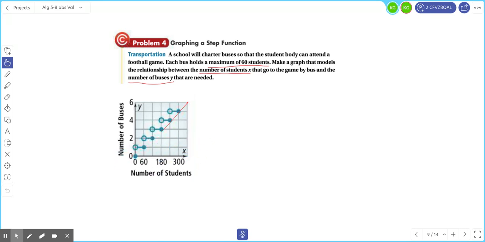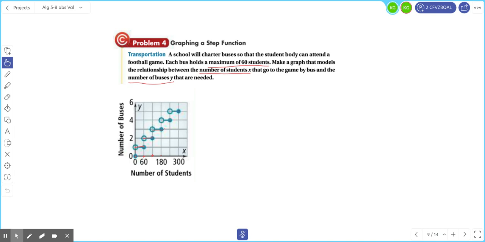And so for any number from 0 to 60 students, you are going to have one bus. As soon as you have more than 60, then you have to get two buses. So from 60 to 120 is two buses. From 120 to 180 is three buses. And it goes on. And because of this situation, the function actually looks like a step function.